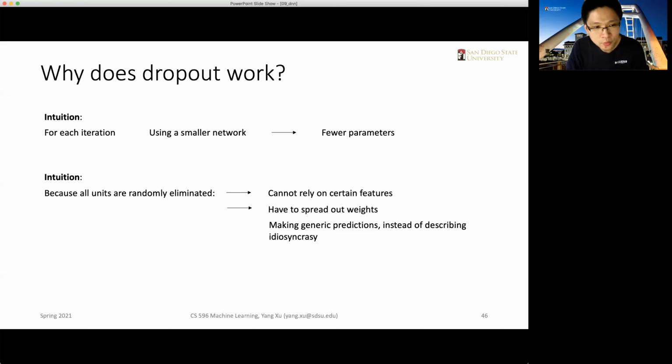And also, we have a lot of randomness in the dropout process. Between different data examples, we have different dropout masks generated, right? It can be different from mini batch to mini batch, okay? That means all the units are randomly eliminated, so the training will not rely on certain features, okay?